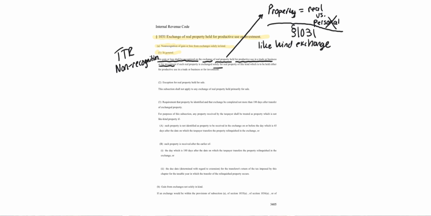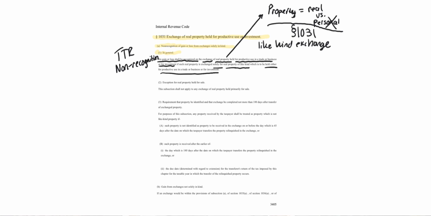So just for real property of like kind, which is to be held either for productive use or in a trade or business or for investment. So that's how you would break down the conditions. So you have to have an exchange of real property, so giving up real property in exchange, held for productive use in a trade or business or investment, so you hold it that way.